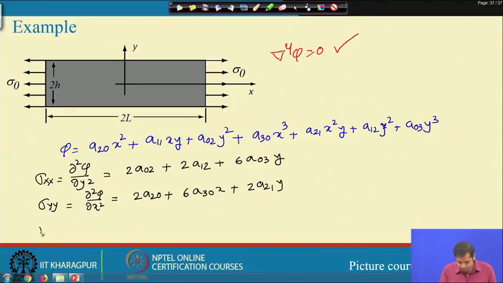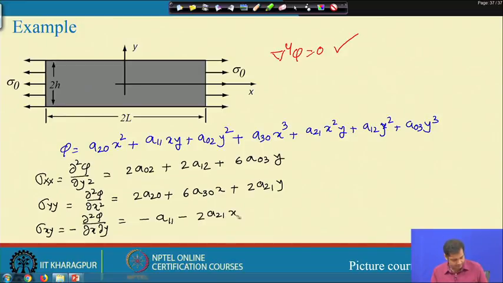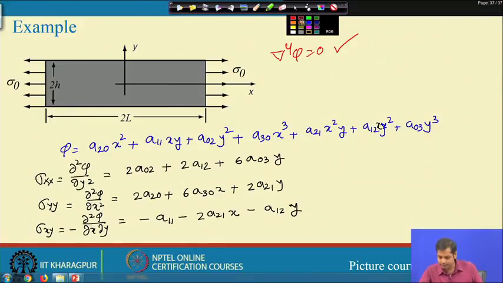And then we have finally sigma xy, which is minus del 2 phi del x del y, that is equal to minus a11, minus 2a21 x, minus 2a12 y. So, these are the three equations we have, equations 1, 2 and 3.